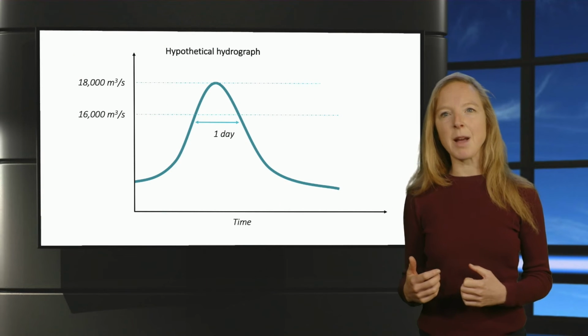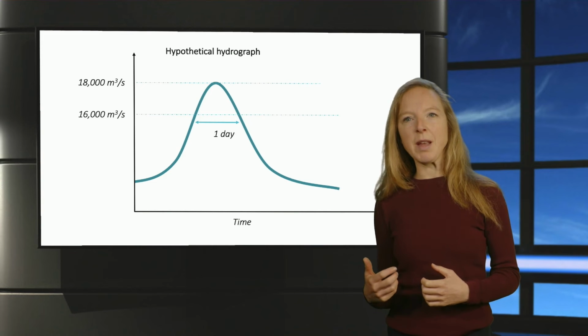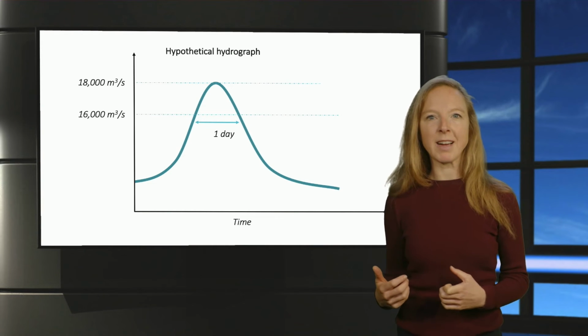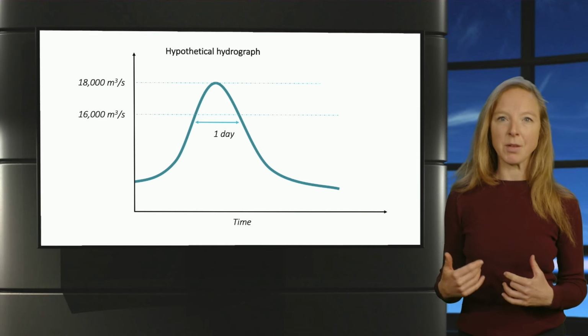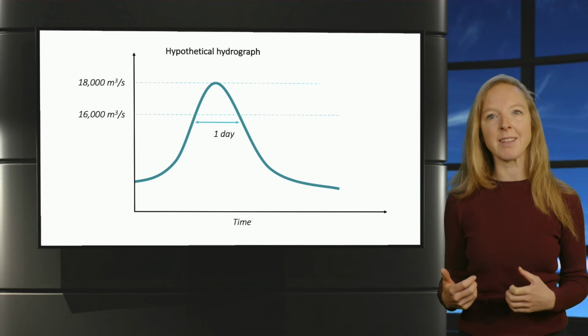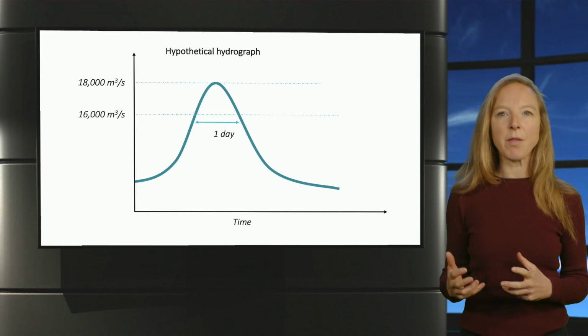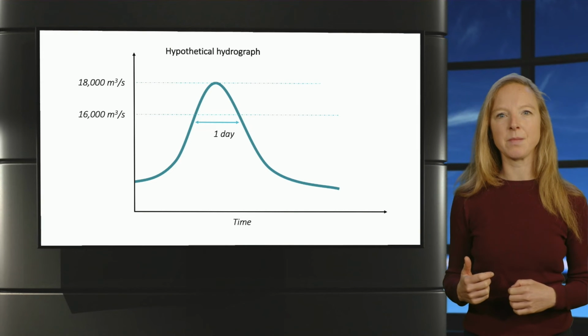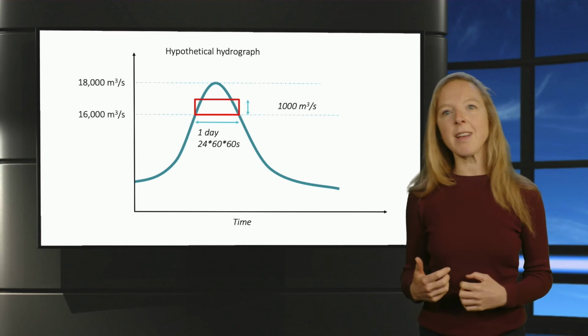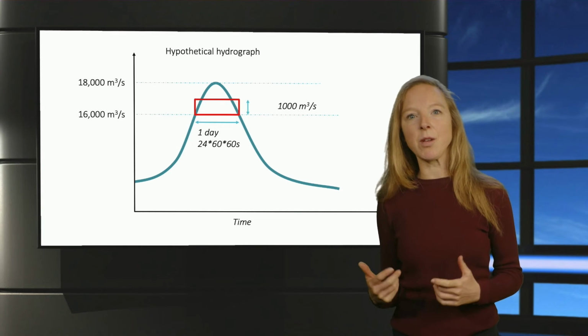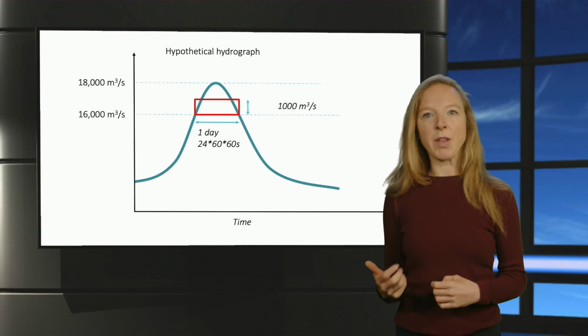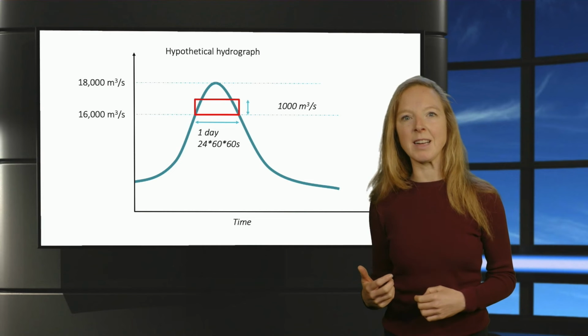Let's have a look at this hypothetical example with a flood wave of 80,000 cubic meters a second in a river with a capacity of 16,000 cubic meters a second with a duration of 1 day. These figures are roughly based on the Rhine River. We can roughly estimate the storage needed by calculating the surface area of the hydrograph above the capacity line.